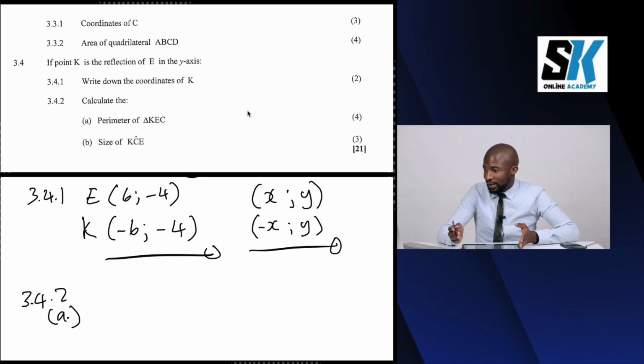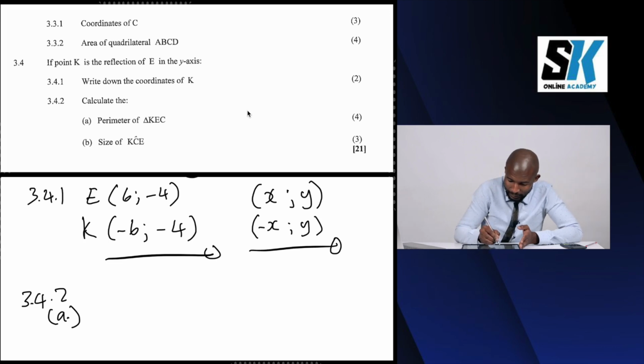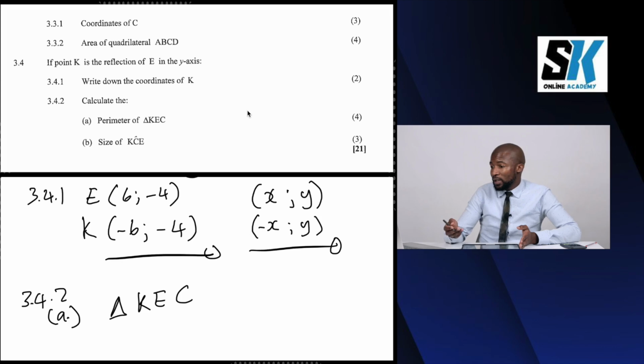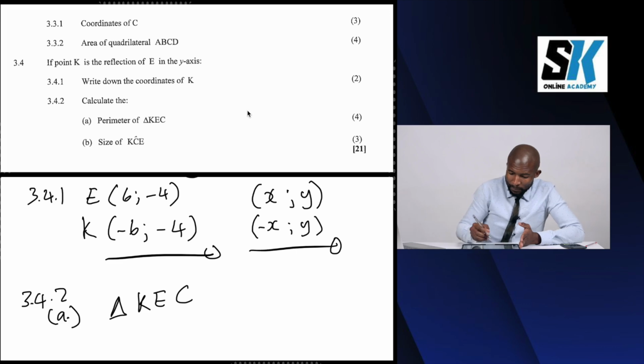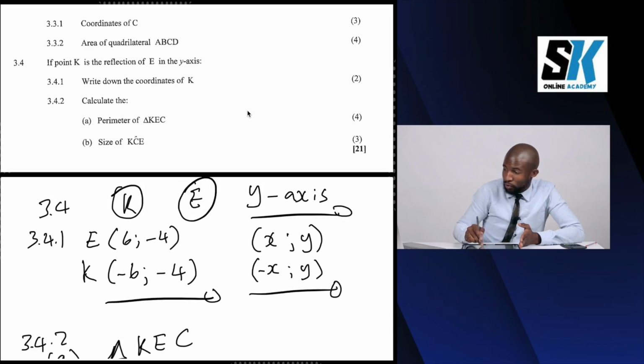It says calculate the perimeter of the triangle KEC. So we know that for a perimeter, you just add all your sides, and that is how you would get your perimeter. But we need to go to that triangle KEC, which is the new triangle.